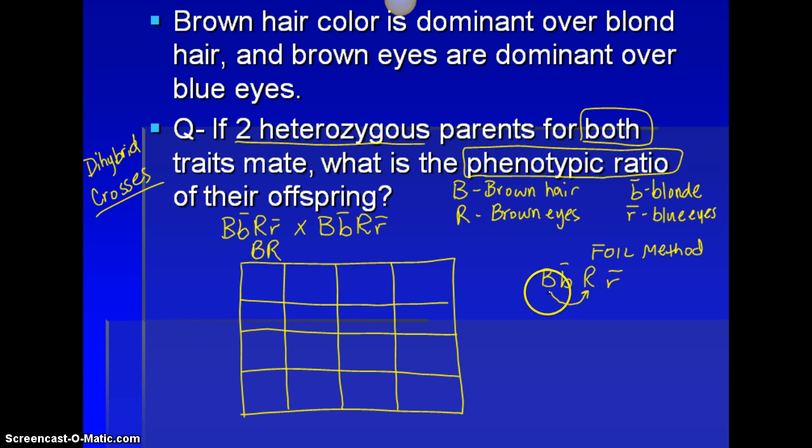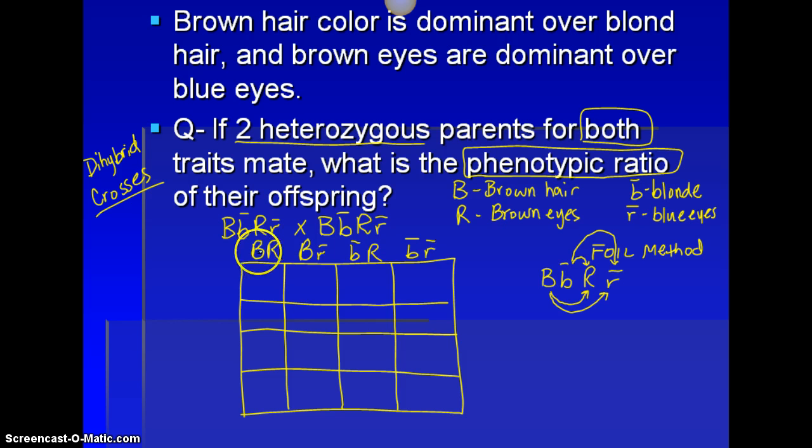We're then going to take the outer, that's what the O stands for, so big B, little r. We will then take the inner, little b, big R, and then we're going to take the L, which stands for last, which is little b, little r. And that's how we decide what goes across the top.